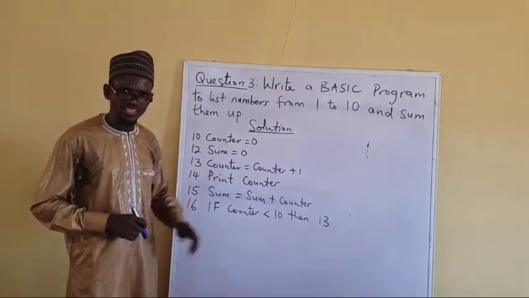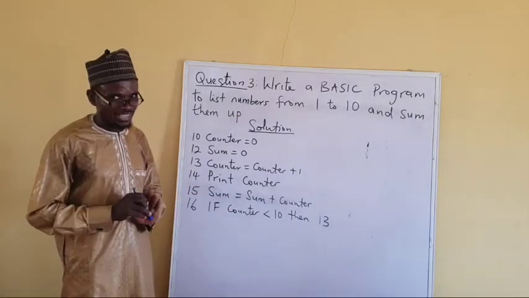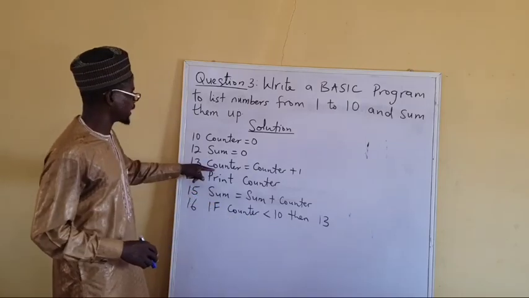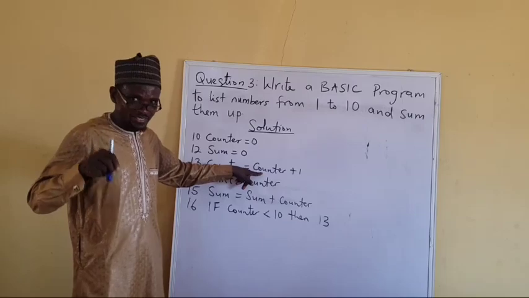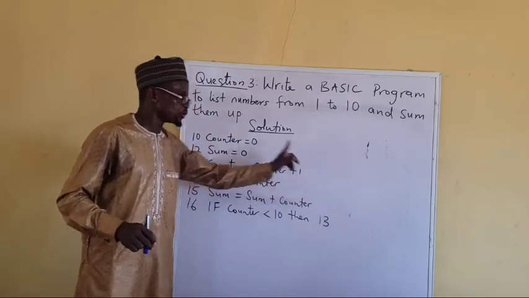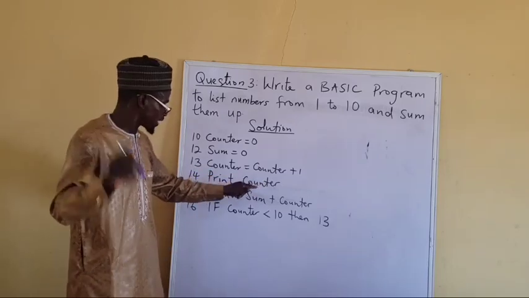Do we understand? Now, let's say our current value of counter is 9. When counter is 9, by that time our counter is 9. 9 plus 1, 10. 10 will be stored in counter. Print counter, it will print 10.